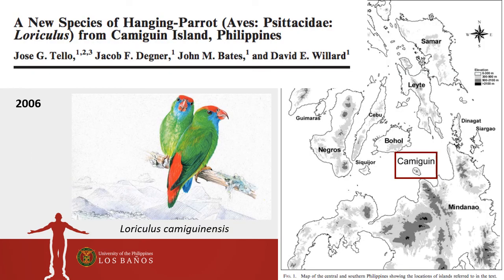Now for your learning activity, which is also related to the other topic on taxonomic revisions, kindly read this article, which was published in 2006. This is by Tello et al. The article is entitled "A New Species of Hanging Parrot from Camiguin Island, Philippines," of Class Aves, Family Psittacidae, genus Loriculus.